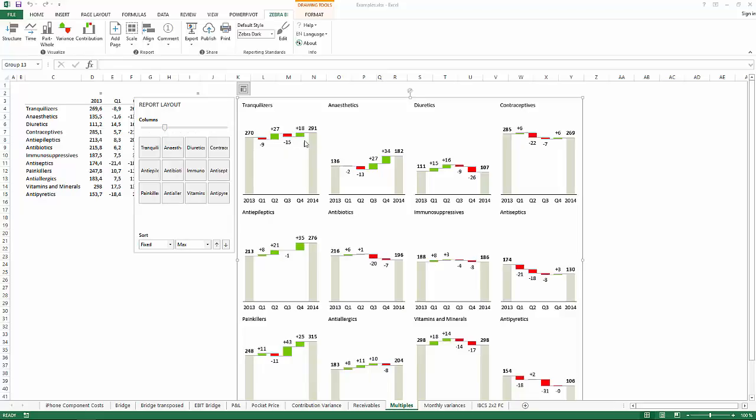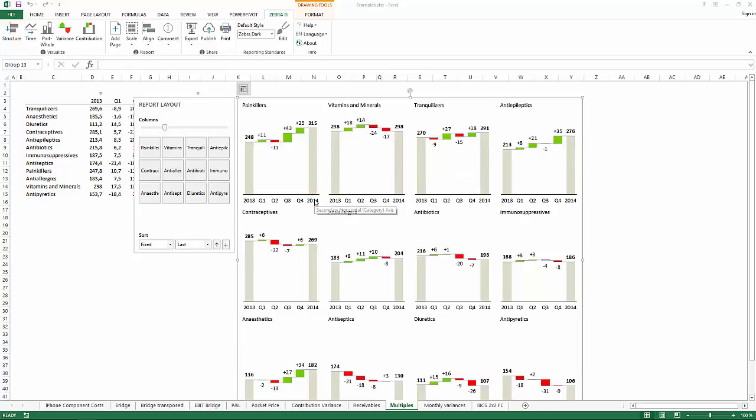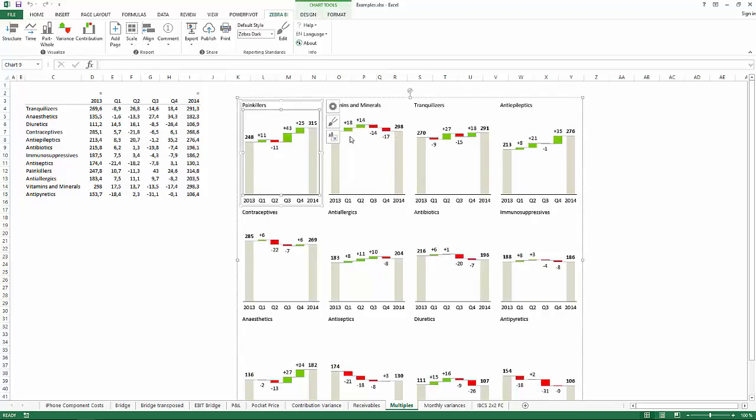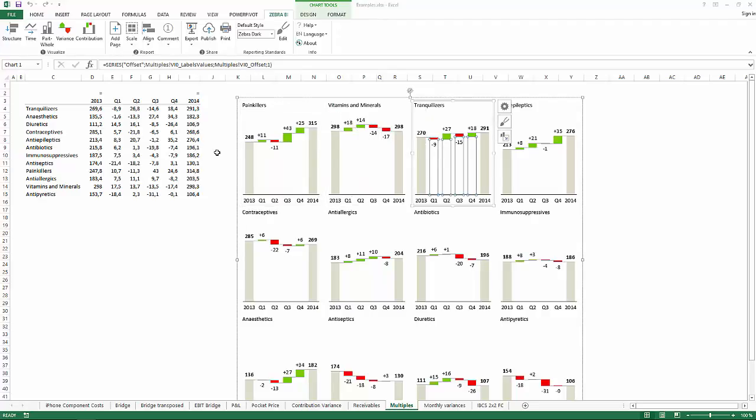And then you can also sort. So for example, you can sort by a fixed element in a waterfall chart, for example a fixed column. Let's sort by the last fixed column, which is then the year 2014. So now I have my markets and I understand the growth of my markets, but I'm also sure that this is my biggest market, this is the second biggest market, and so on, right?